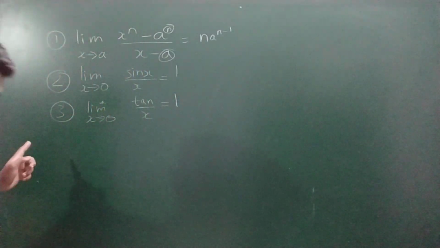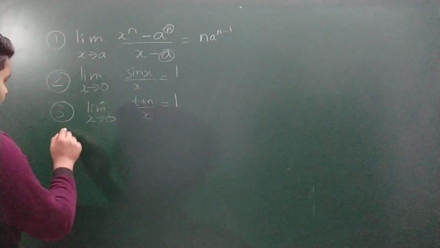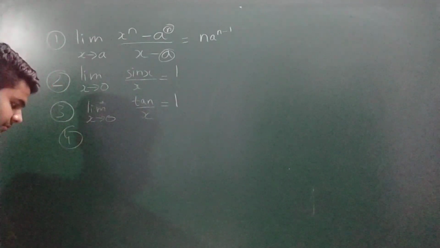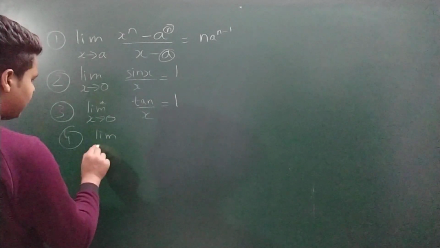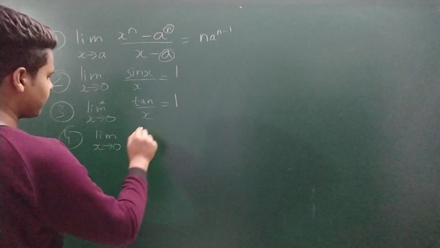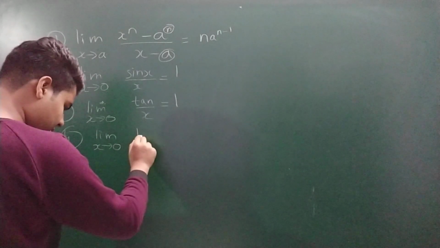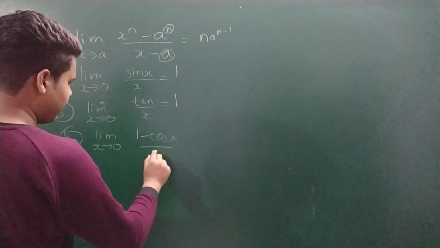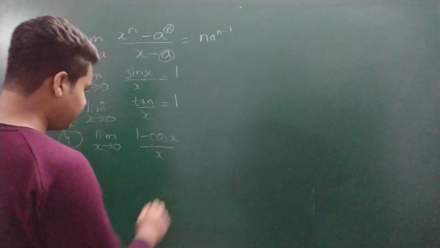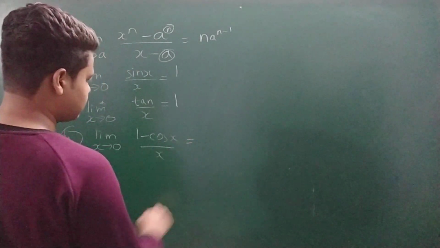This is our third formula. Now coming to the fourth formula, limit x tends to 0 of (1 minus cos x) by x, and here the answer is 0.